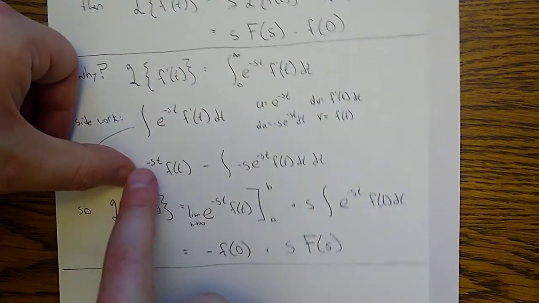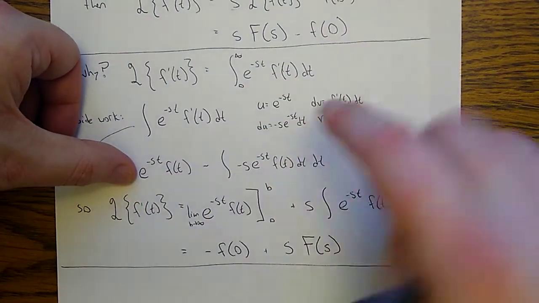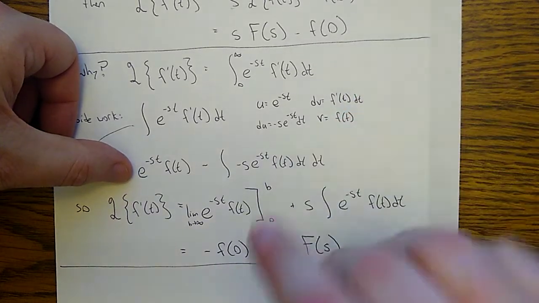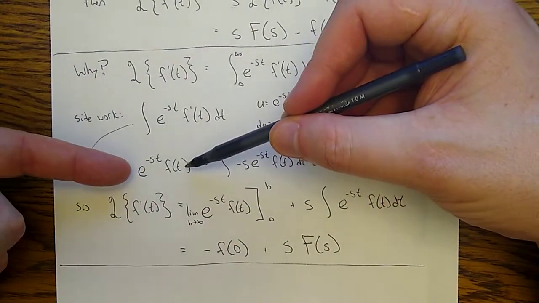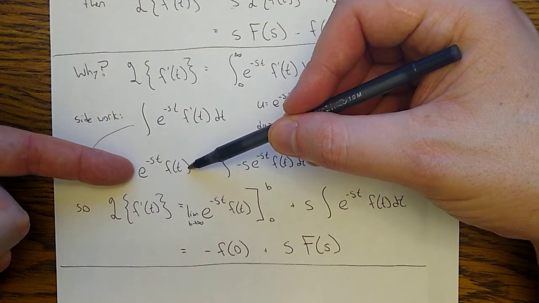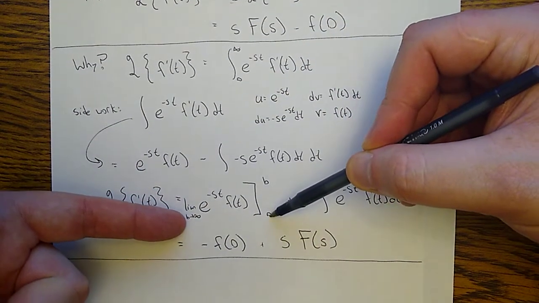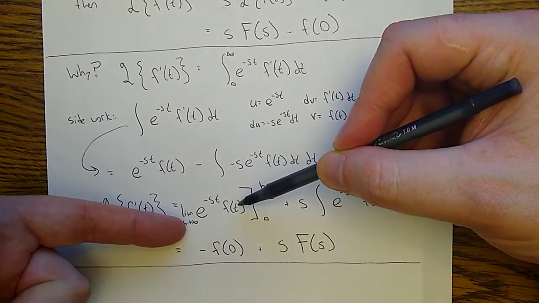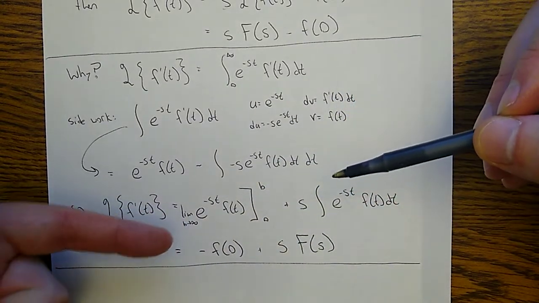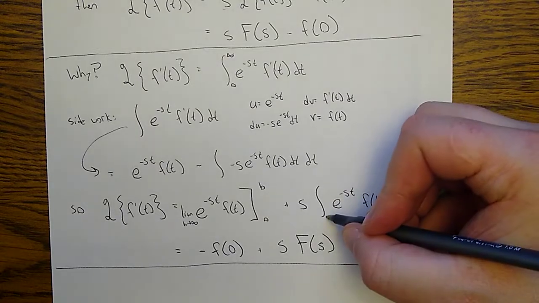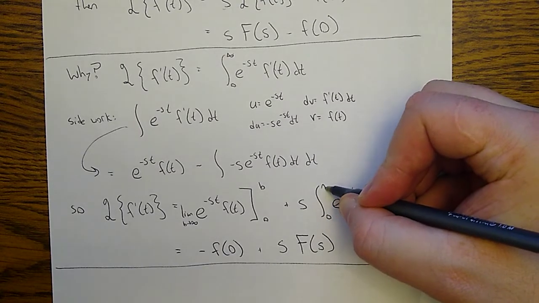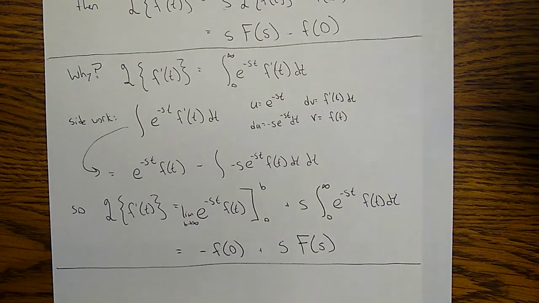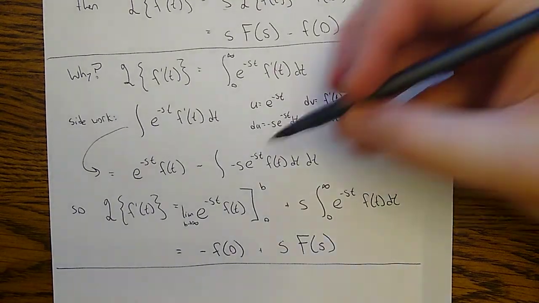So when I take this part from 0 to infinity, that's like I do it from 0 to b, and I do the limit as b goes to infinity. Meanwhile, when I do this part, whoops, I forgot to write the limits here. I do this also from 0 to infinity. And what do I get?